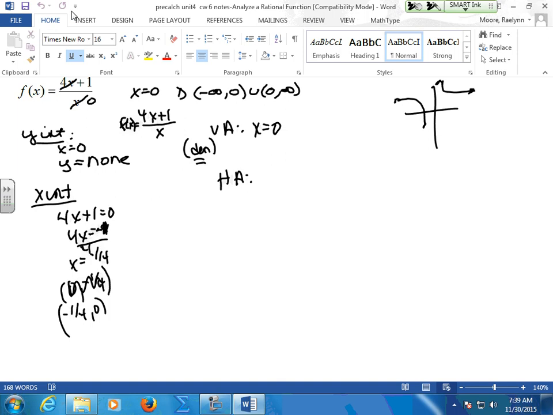Horizontal asymptotes. Follow the rules. What's the highest degree in the numerator? 1. What's the highest degree in the denominator? 1. So read your chart.